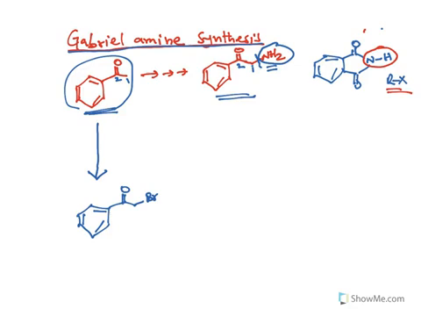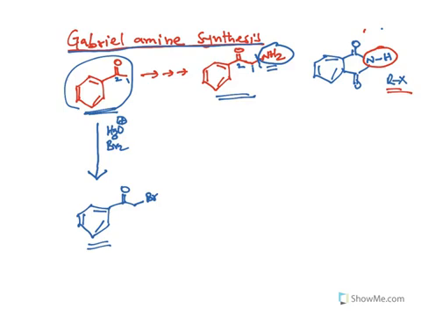And to do that, that means we are installing bromine in the alpha position. Now that requires the use of a catalytic amount of an acid together with Br2. Once we form this compound, then now we can start our synthesis.